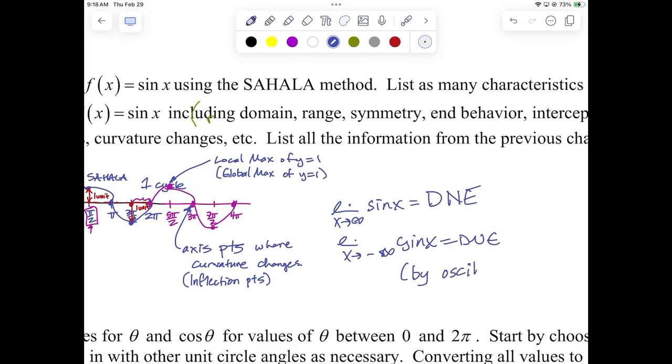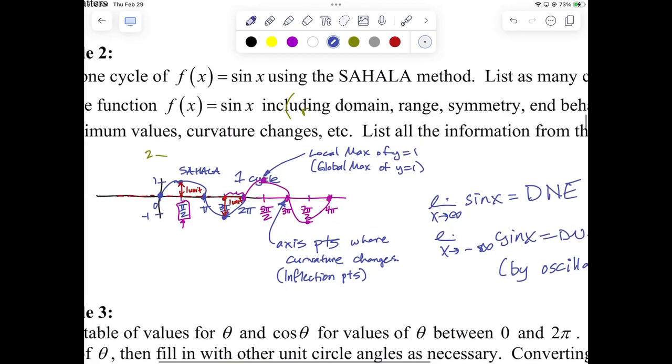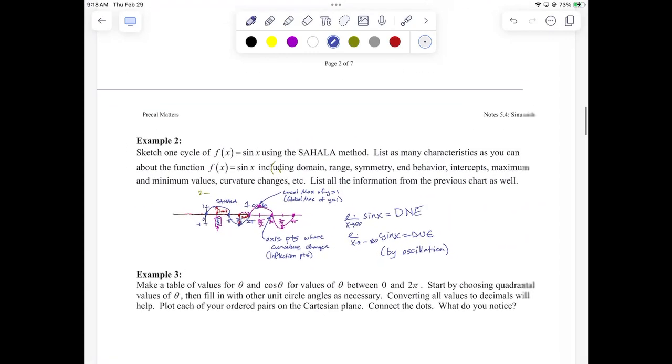We'll call it by oscillation. Remember, the limit doesn't exist at a vertical asymptote either. Or for x squared, it doesn't exist because it increases to infinity. This doesn't exist not because it increases to infinity, but because it oscillates between two fixed values. Okay, I think that's good.